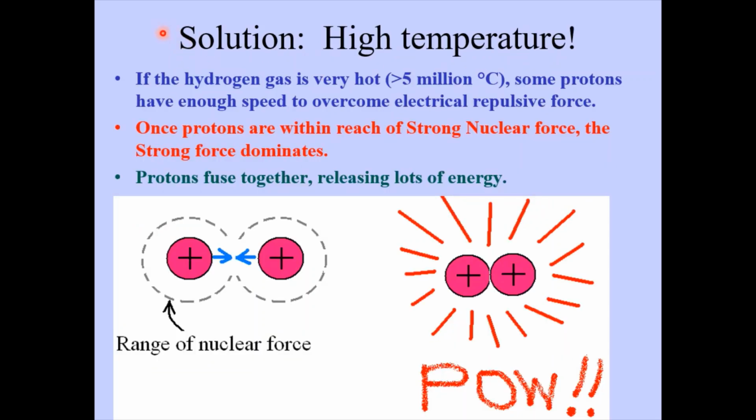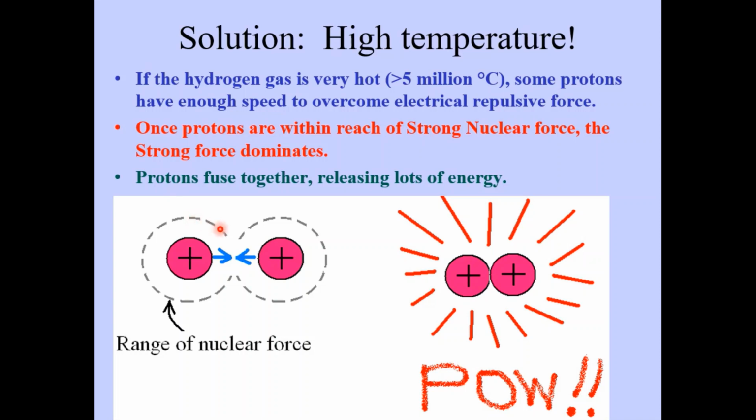So the way to do this, though, is we can use high temperature. Remember that when we heat up a gas, the gas particles move around faster. So if we can heat the hydrogen gas to more than 5 million degrees, these protons are going to have enough speed to actually overcome their electrical repulsion.